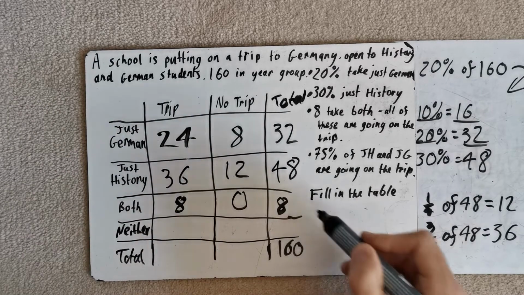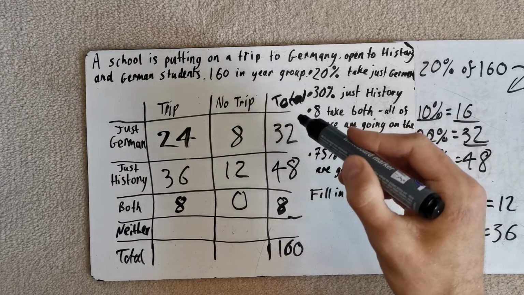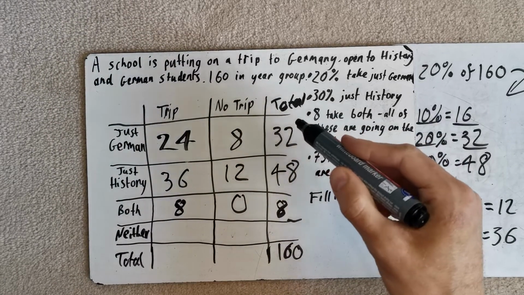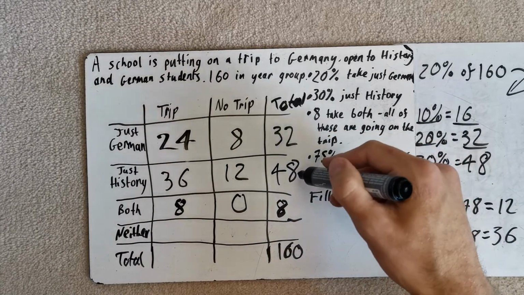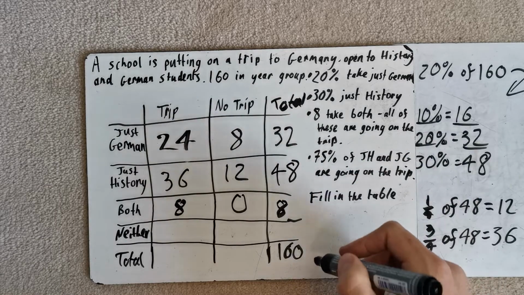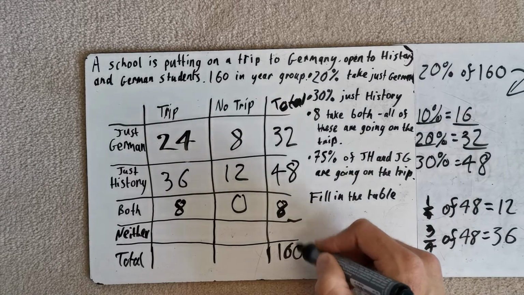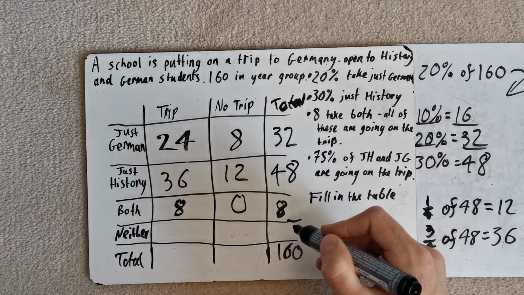Okay, now, let's see how many people didn't take either history or German. That'll be quite useful for the next part. So 32 add 48 would give you 80. Add 8 would be 88. Okay, so 160 take away the 88 would give you 72.